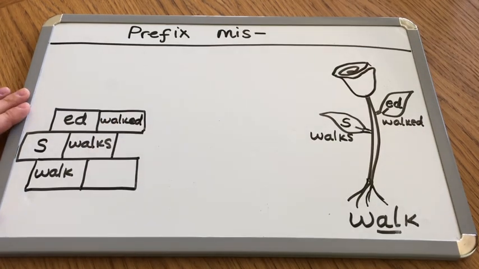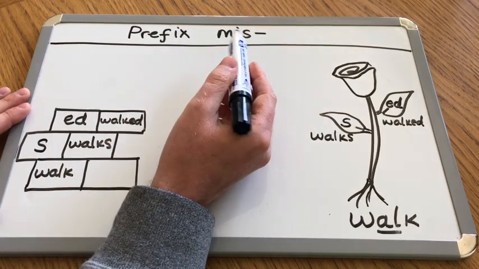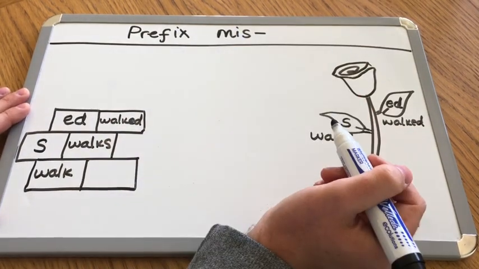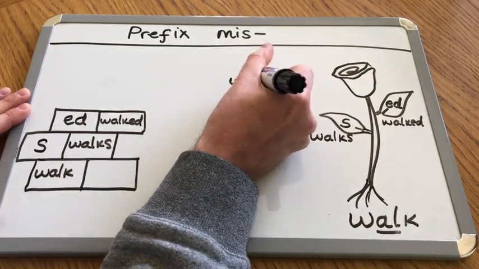So we are going to be word building in this video with our prefix miss. Now before we get started, let's practice something we already know. Something similar. I'm going to write some words here.